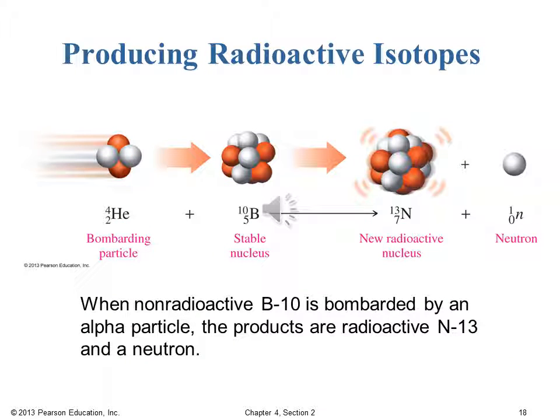So just to summarize, when we bombard that stable non-radioactive boron-10 nucleus with an alpha particle, we can produce radioactive nitrogen-13 and a neutron as our co-product, just to make the mass numbers balance out properly.